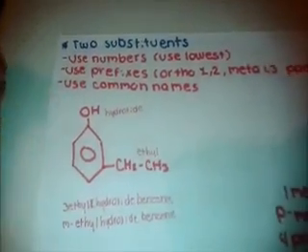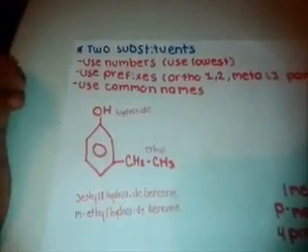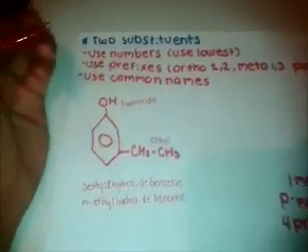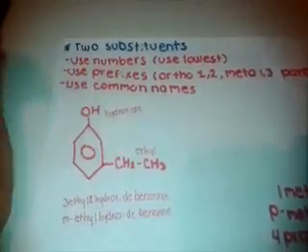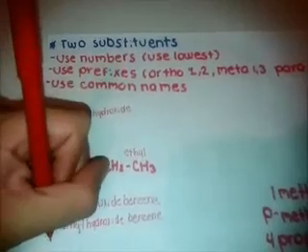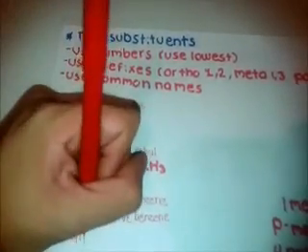We have to eliminate the numbers in this example. The other one we have is the common name, which is phenol, because it has the hydroxide, so it will be 3-ethylphenol.